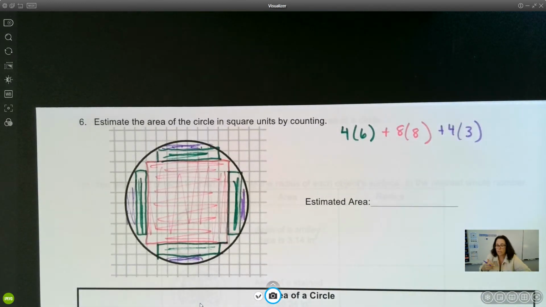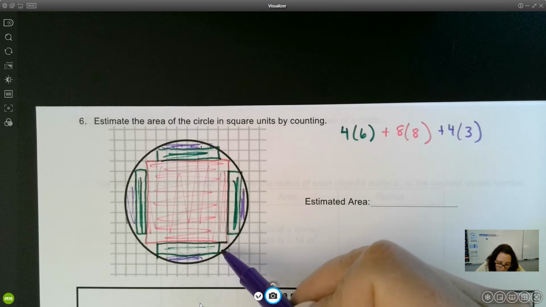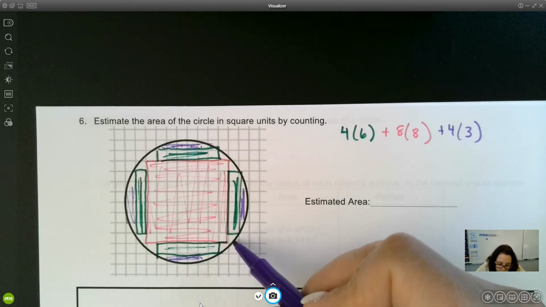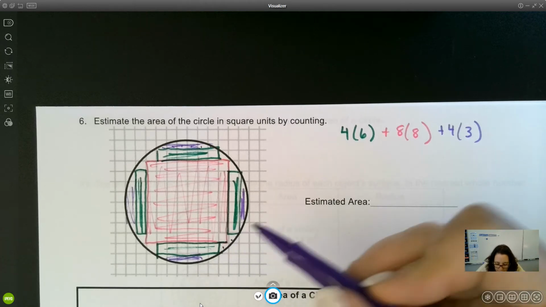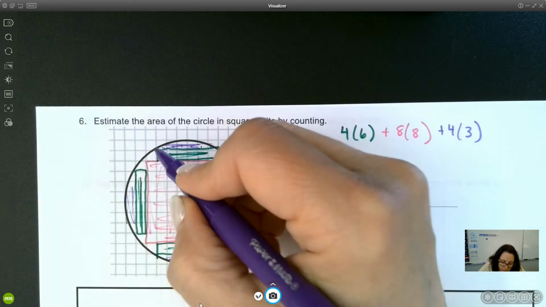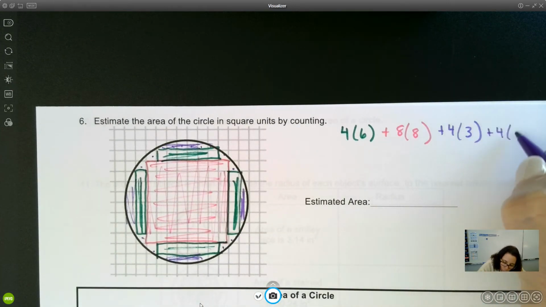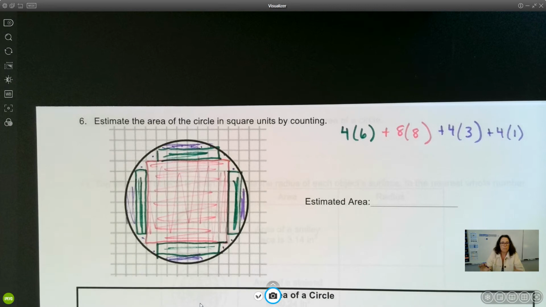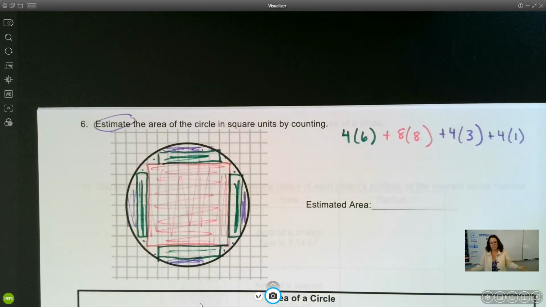Okay, and every time I do this differently, honestly. All right, now these guys look to be a little more than half. This is about 1, this is about 1, this is about 1, this is about 1. So I'm thinking I've got another 4 groups of 1, a little bit more than that, but I'm estimating by counting.